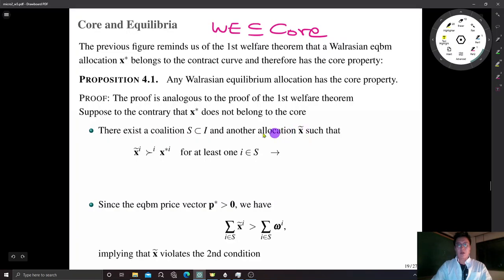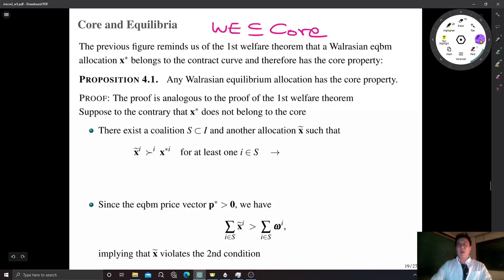This coalition S can improve upon, or block, the equilibrium allocation X star. That means every member in that coalition weakly or strictly prefers allocation X tilde to X star, the equilibrium allocation.